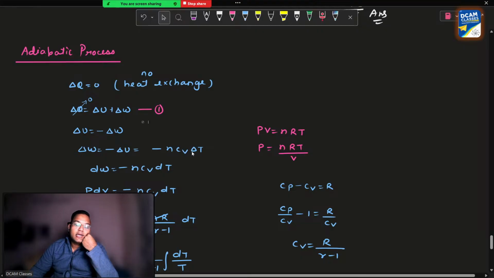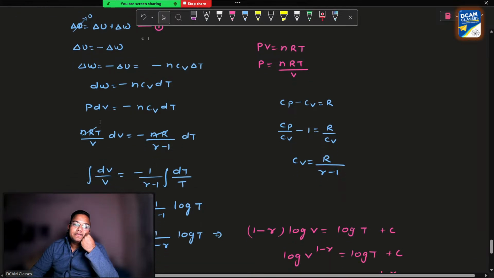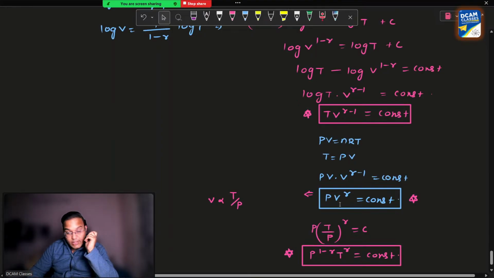It's nCv delta T. So what I did, dW is equal to PdV. I wrote P as a function of T and V because V and T are variable here in the integration of equation. So I wrote P in terms of T and V, PV is equal to nRT. Then I integrated and then I got this relation. Then again using PV is equal to nRT, I change this relation. That's how we get it.